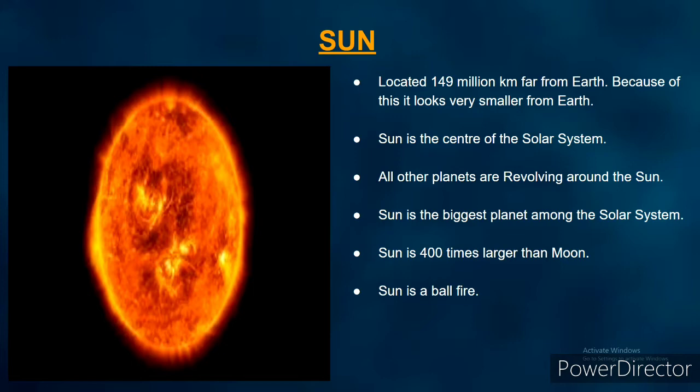And the Sun is the biggest star among the solar system. Sun is 400 times larger than the moon. Sun is a fireball. It's just like a fireball.